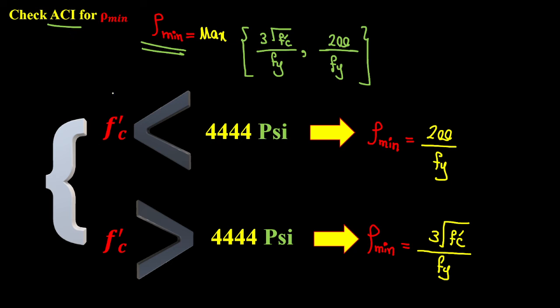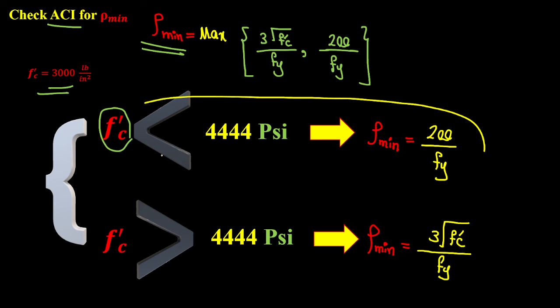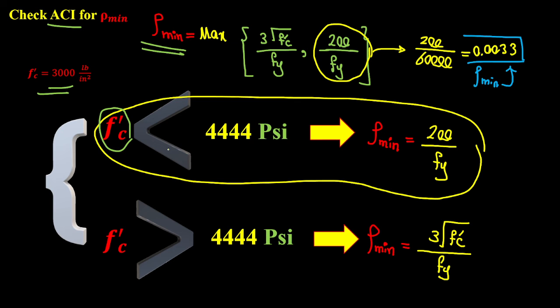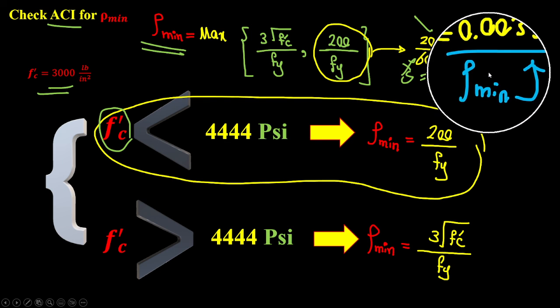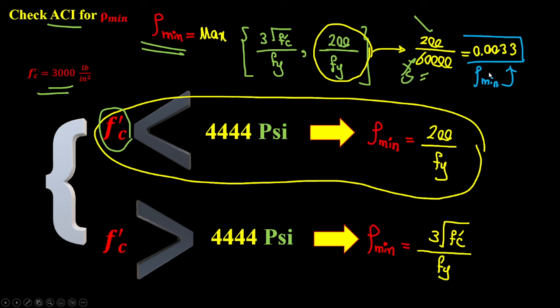Based on our f prime c, the specific strength of concrete, which in our case is 3000, we are in this first part, so this part is controlling: 200 over Fy, which is 200 over 60,000. It gives us 0.0033. That's our rho minimum. The available rho should be higher than this amount.